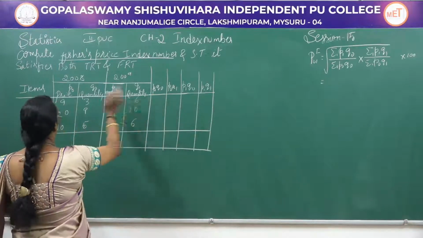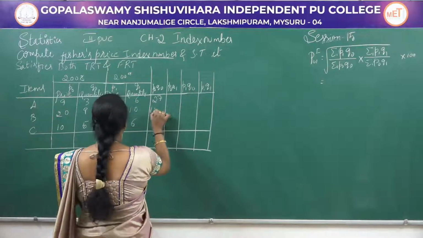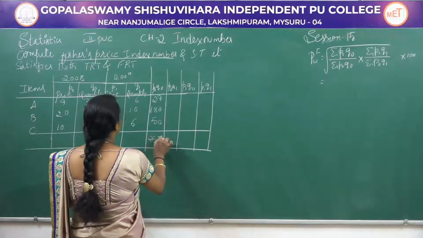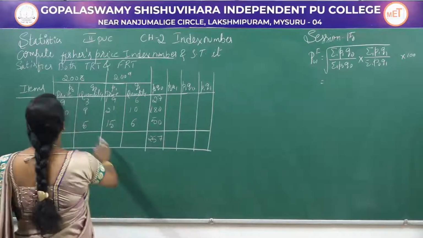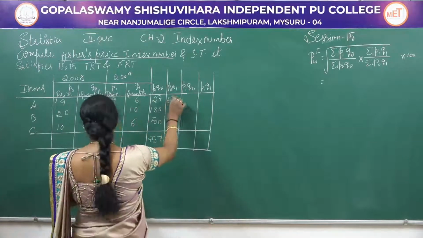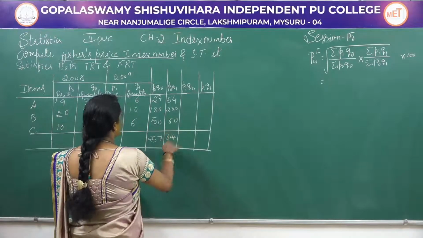First is P0 Q0: it is 27, 180, 50, and the total is 257. Next is P0 Q1: 54, 200, 60, total 314.